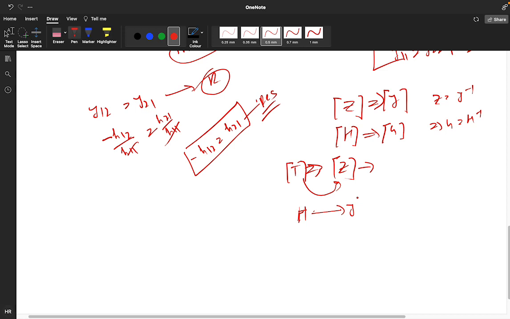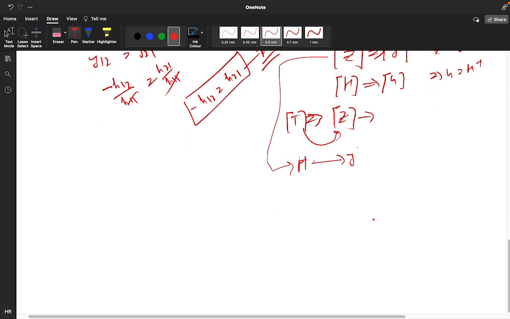So we have all the possible combinations. Prasanna, is your doubt clear why we have not taken this? We know the conversion of z to y, h to z, z to t, and h to y.